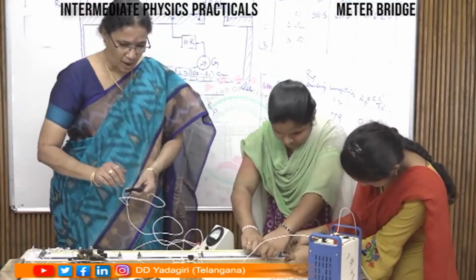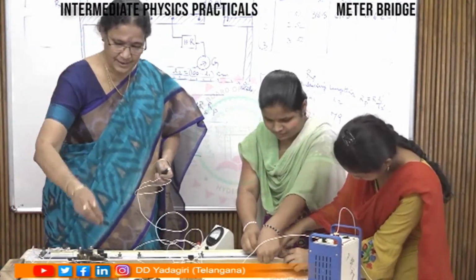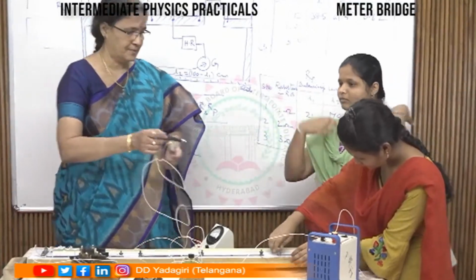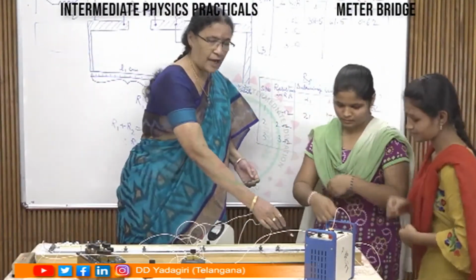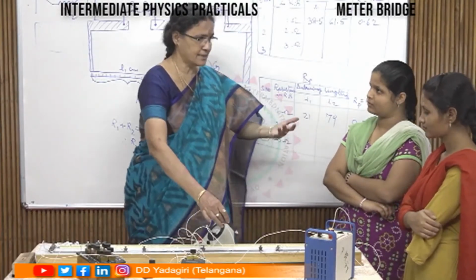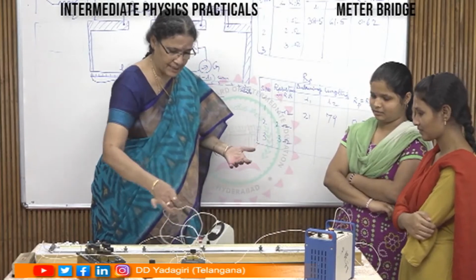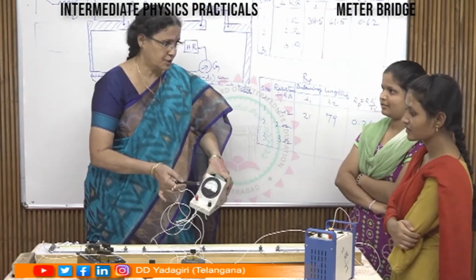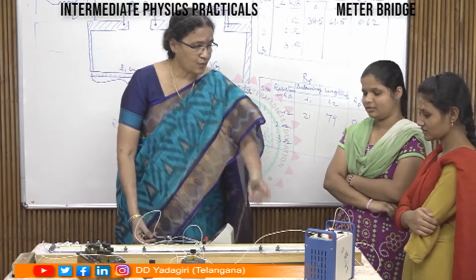So again, how much resistance am I including in the circuit? I am including 1 ohm resistance, as you have done in the earlier cases. So test at various points till you get what deflection in the galvanometer? Zero deflection. And what is L1?